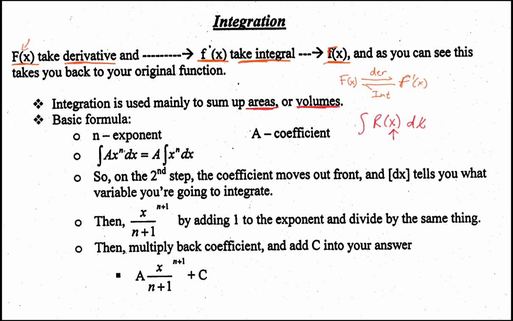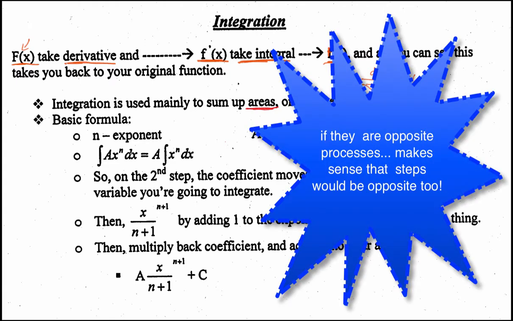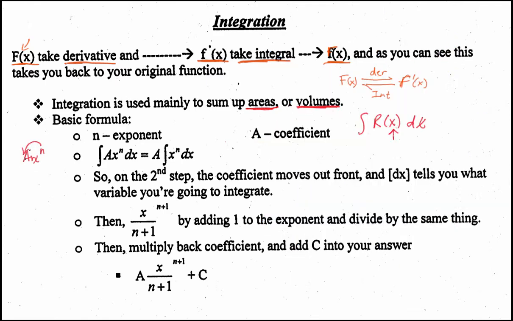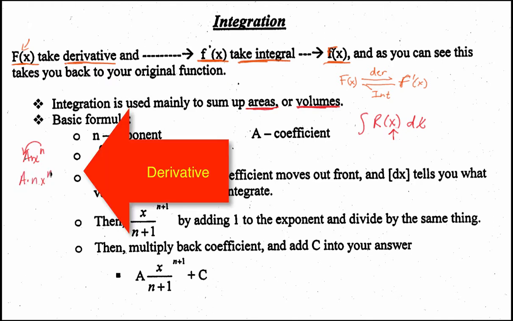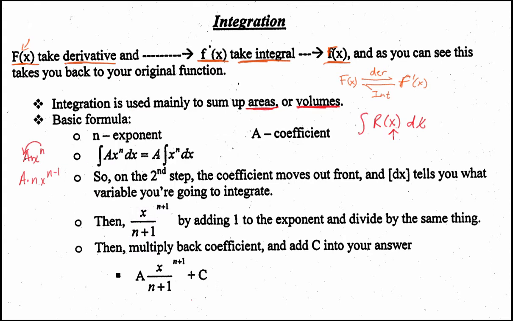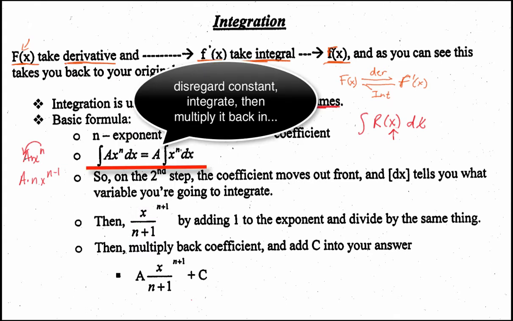Okay, so right now, just looking at the basic concept here, if you remember, they're opposites for derivatives, and in the derivative, what did we do? We took the exponent down and we multiplied and then subtracted 1, right? Well, here we're going to do the opposite because it's the opposite direction. So what we're going to do is first pull out the constant, and then we're going to add 1 and divide by the same thing to get this.